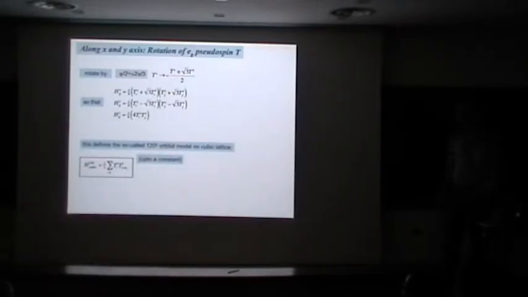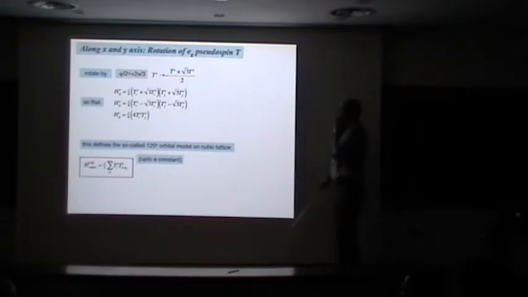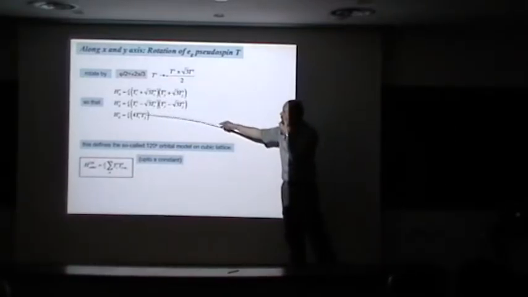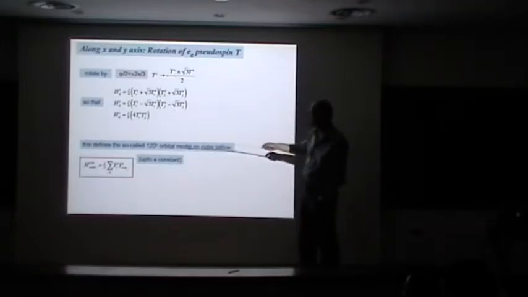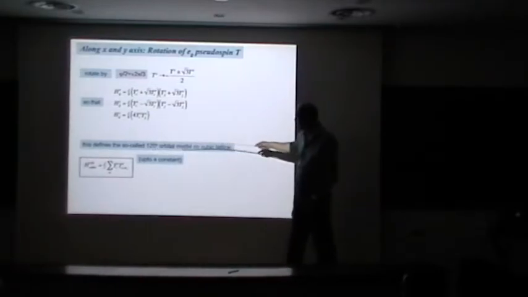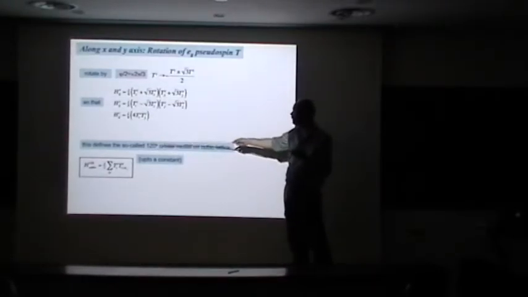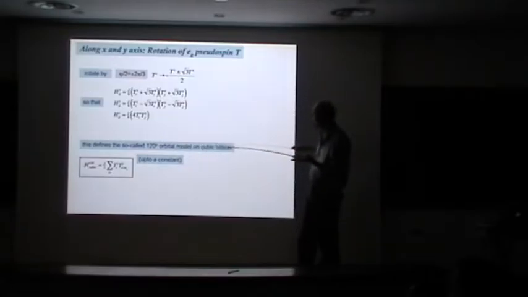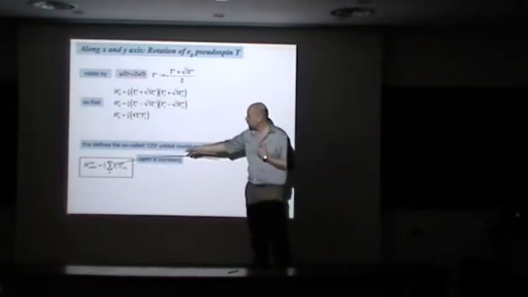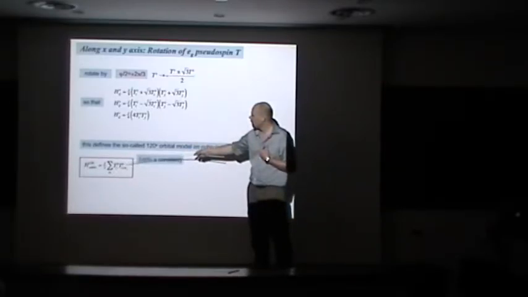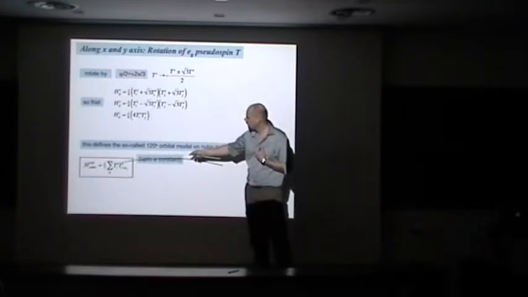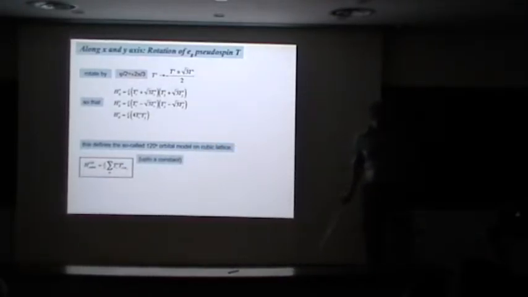This is now the equivalent of the Heisenberg Hamiltonian, but only for orbital degrees of freedom. Can I rewrite this in a compact way? This model is called the 120-degree orbital model on a cubic lattice, and I can write it as the sum over sites i of t gamma i, t gamma i plus e gamma, where gamma is 1, 2, 3, or x, y, z.